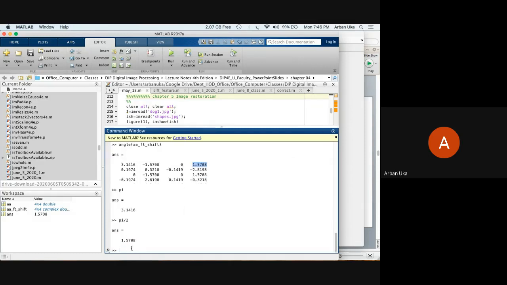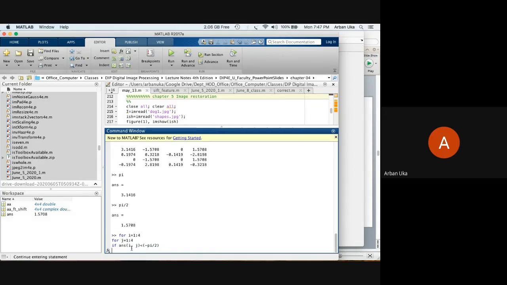So we have the angles, and we can do the following: for i equal 1 to 4, for j equal 1 to 4, if answer ij is smaller than minus pi divided by 2, then we say answer ij is equal to 8.